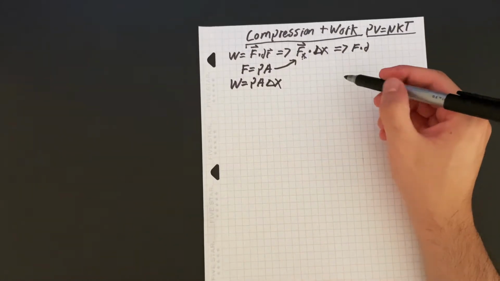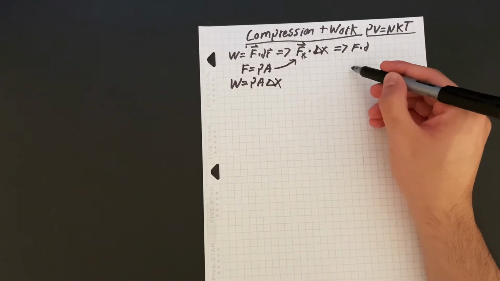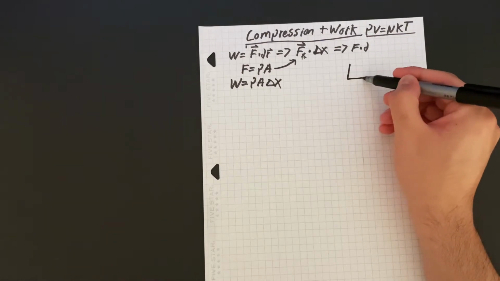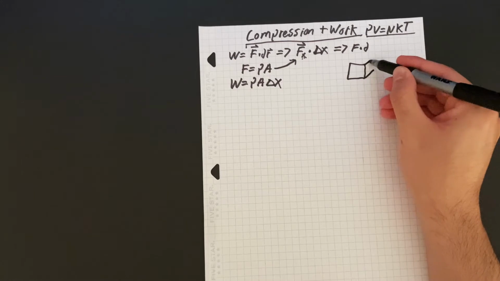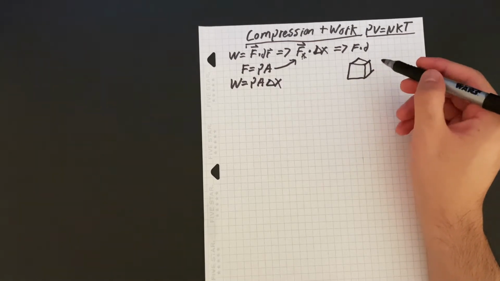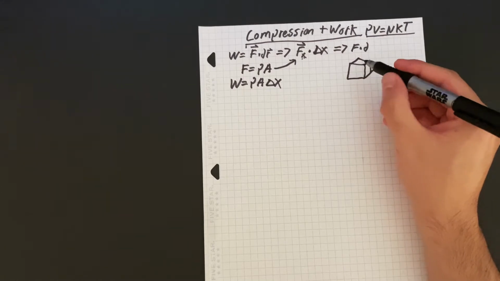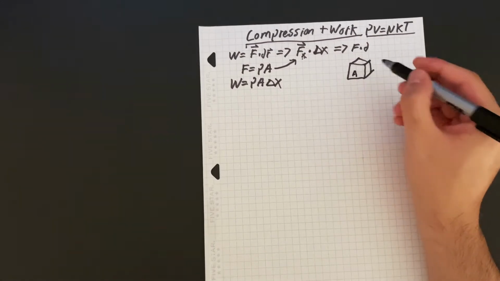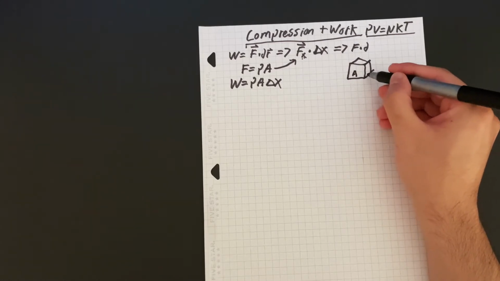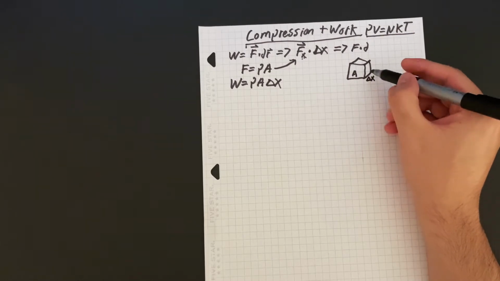Well, let's draw a little box. We have an area here that the pressure is being applied to, and the gas is inside this box. Oh, that's a bad box, I'm sorry. But it's inside this box. And let's say this side right here is the area we're working with. Well, what we're saying is the delta x is actually this side right here.